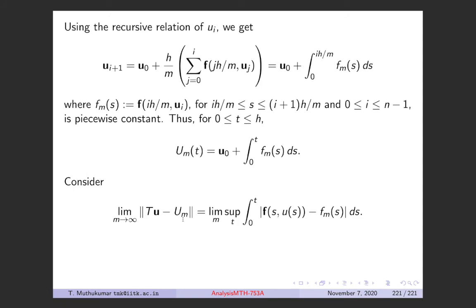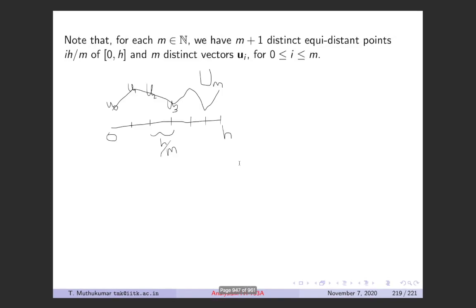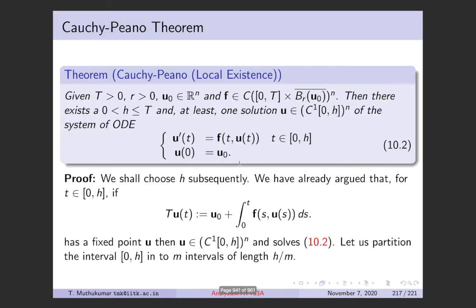Tu minus um. Now Tu, there is a definition of this operator Tu. So the definition of Tu is also of some integral form, the first thing that we wrote down here. This one, Tu is this, which involves f, right?